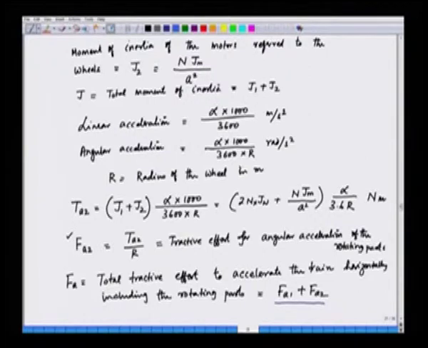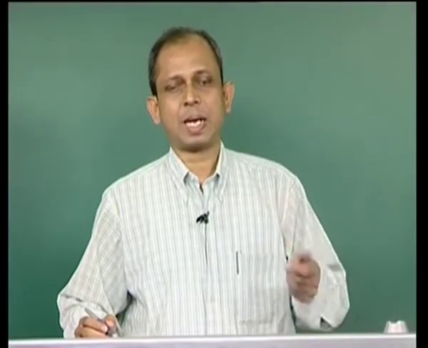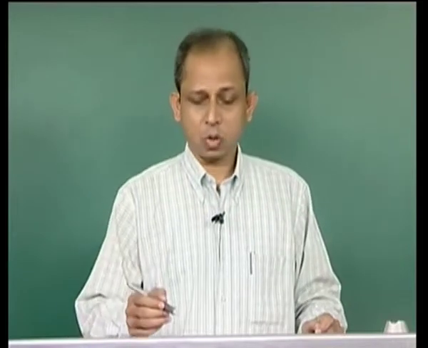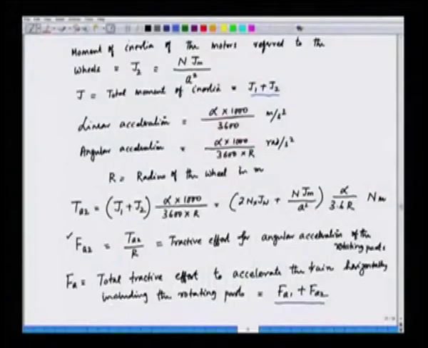So if we add these J1 and J2, we get the total moment of inertia of the rotating mass, and this rotating mass has to accelerate rotationally. So we have to multiply this moment of inertia with the angular acceleration, and we can calculate the angular acceleration from linear acceleration by dividing the linear acceleration by r.